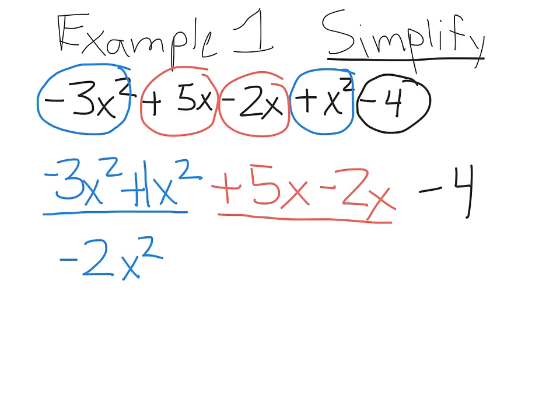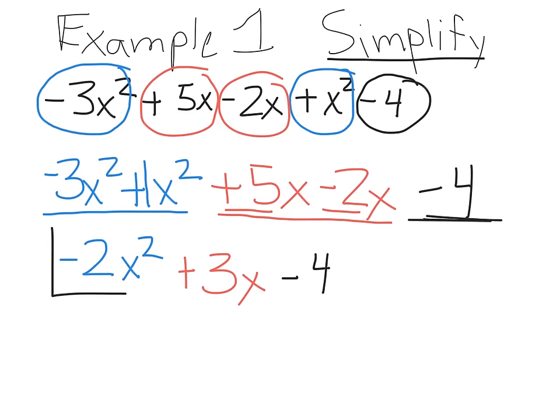Once again, I'm just going to do what it says for the coefficient. So positive 5 minus 2 is going to give me a positive 3x. And then this negative 4 does not have a like term with it, so it just gets brought down. This is my answer to the simplified polynomial: negative 2x squared plus 3x minus 4.